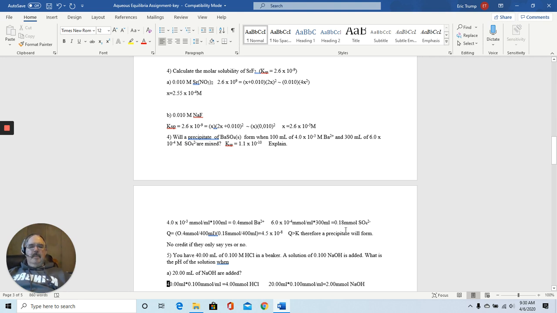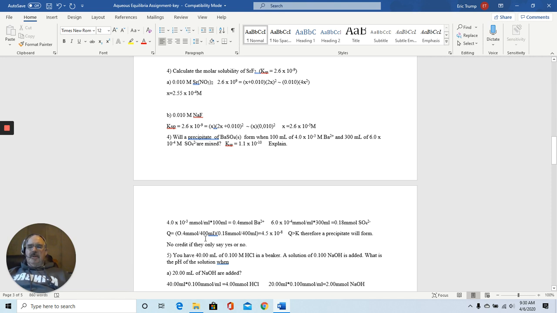So that's 0.18 millimoles. And then to find the concentrations, we take these amounts in millimoles divided by the total volume. We added 100 to 300, so our total volume is 400 milliliters. So we have to divide both of these by 400.